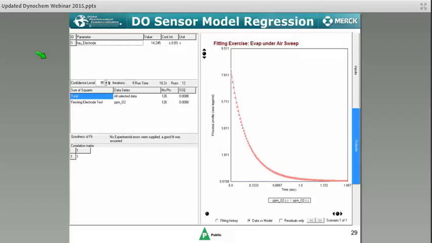So you go from a saturated solution to a completely O2-free solution, and you look to see how the sensor responds in time. Using that sensor model that I showed in the last slide, we were able to regress the time constant of that particular electrode. This particular electrode has a 14-second time constant.